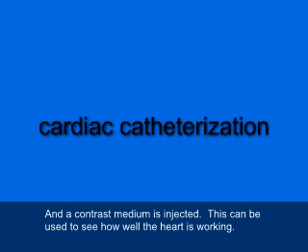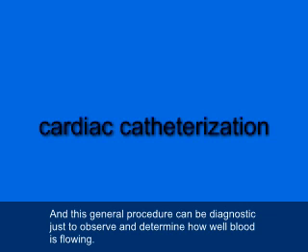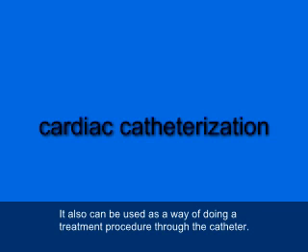This can be used to see how well the heart is working. Particularly, it's used to check how well blood is getting to the heart through the coronary arteries. And this general procedure can be diagnostic, just to observe and to determine how well blood is flowing. It also can be used as a way of doing a treatment procedure through the catheter.